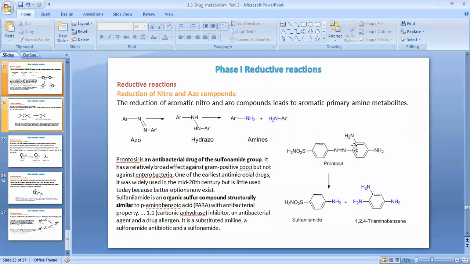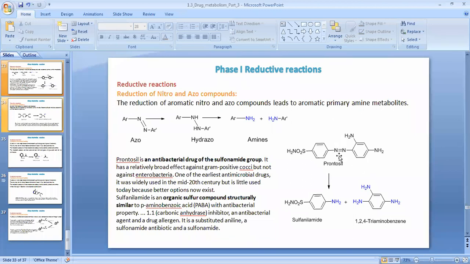But it gives a broad effect as an antimicrobial agent. It affects the growth of gram positive organisms as well as gram negative organisms. That's why in the middle of the 20th century, it was used as a better option as an antibacterial agent.